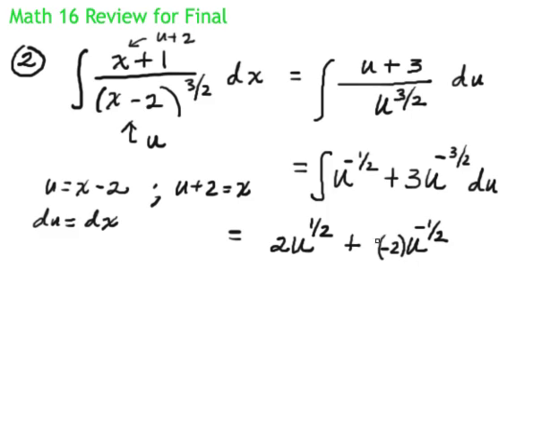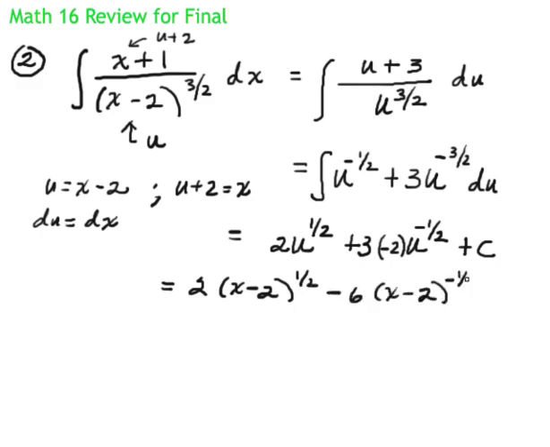And then we have the 3 right here. And now we can just substitute back. We have u is equal to x minus 2. So here we have 2 times x minus 2 to the 1 half, minus 6 times x minus 2 to the minus 1 half, plus c.